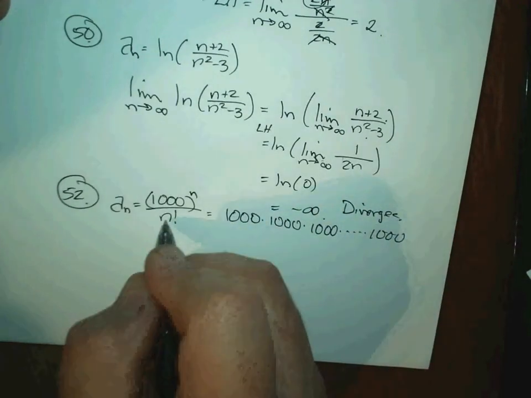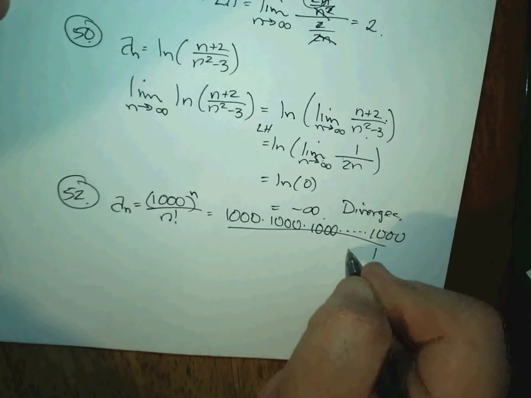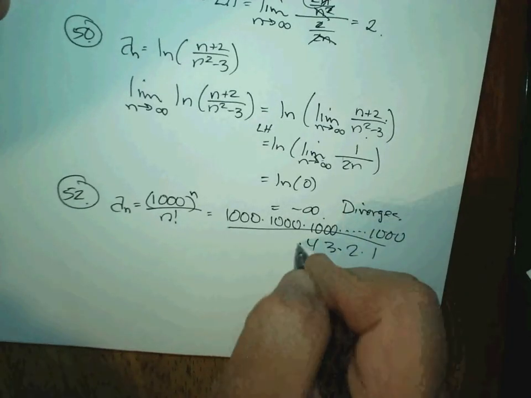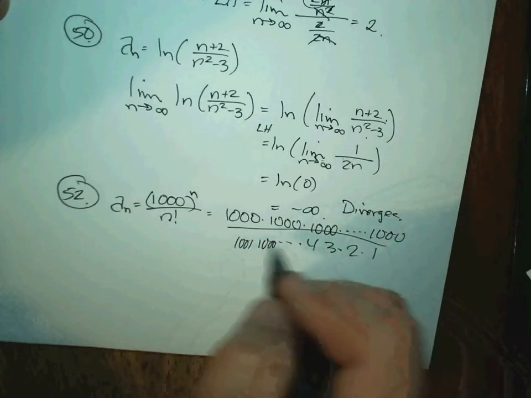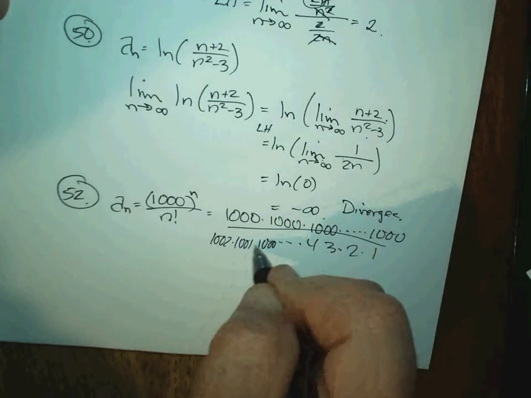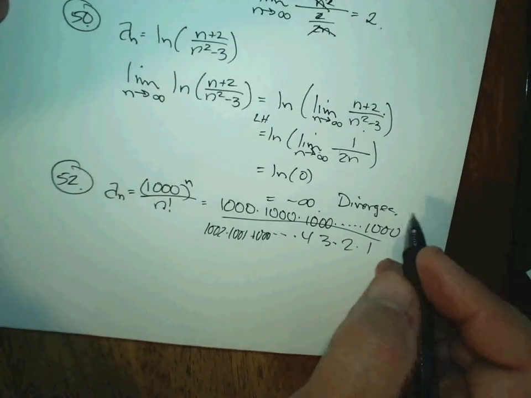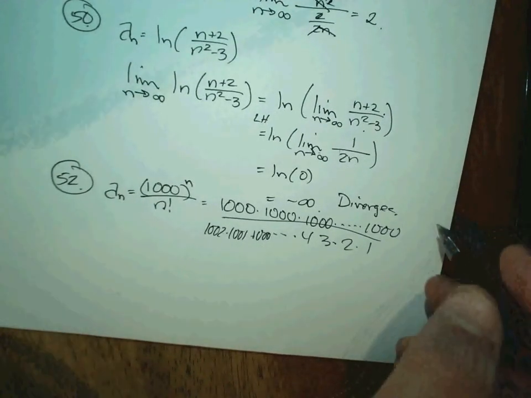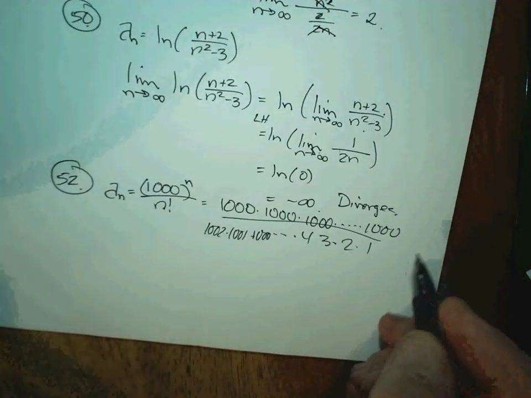In the top, it's 1000 times 1000 times 1000 over and over and over again, right? And in the bottom here, n factorial. So 1, 2, 3, 4, up to 1000, then 1001, 1002, and so on and so on.